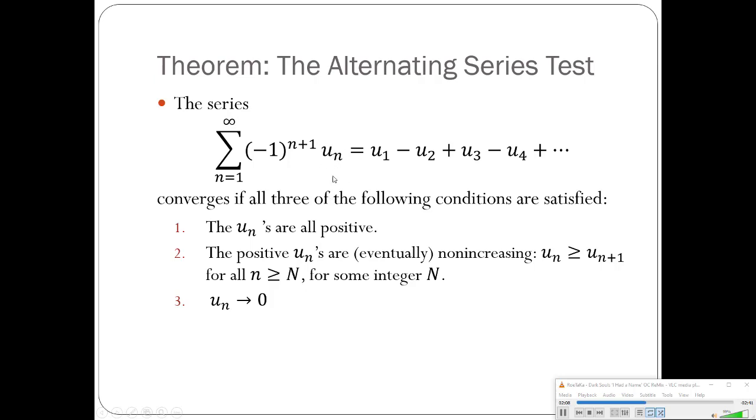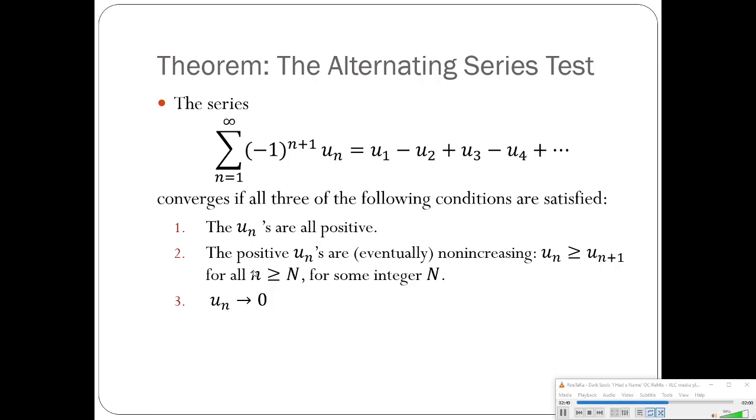Well, if you look at those u sub n's, the series will converge if those u sub n's are all positive, if they are eventually non-increasing, so they might increase for a finite number of terms, but after that they will always either decrease or stay constant, and they converge to 0. So not only are they decreasing, but they are decreasing towards 0. Infinitely close. If all of those are true, the alternating series will converge.